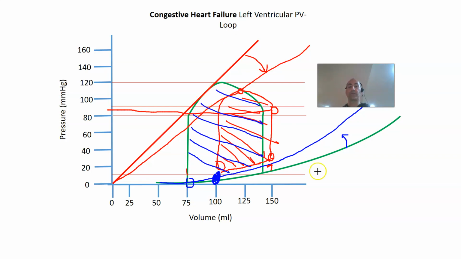Okay, so what happens if this continues? If this continues, what starts to happen is now you're going to get even more blood that is staying in the heart. You're going to ride up this curve a little bit higher, right? This is going to come out just a tad bit more.